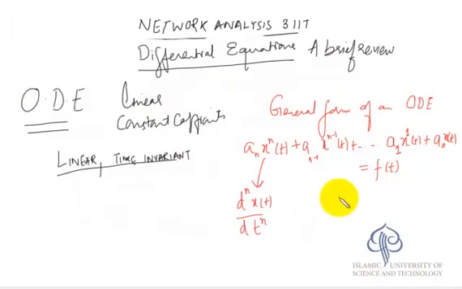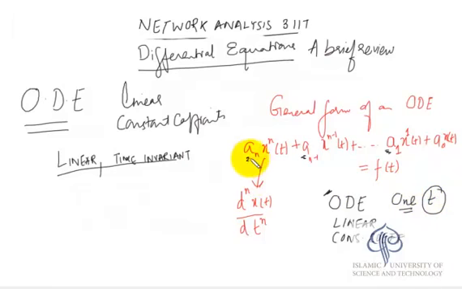So this is an ODE which is linear and which has constant coefficients, because the coefficients a_0 to a_n are constant. These are constants. So it's an ordinary differential equation because there is only one independent variable, which is time.